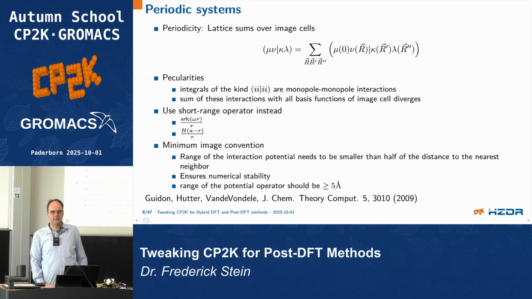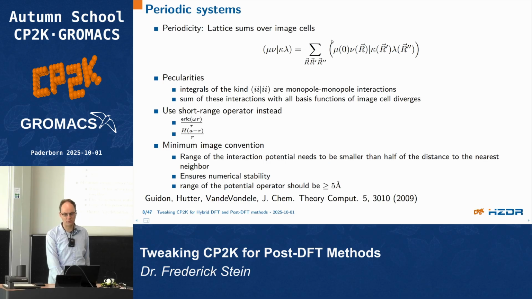Finally, maybe to close this up a little bit, we are dealing with periodic systems. I mean, when you run your proteins, you basically have them in some kind of periodic boundary conditions, and in the case of localized basis sets, to ensure that this periodicity actually holds, you have to sum these integrals over all image cells.